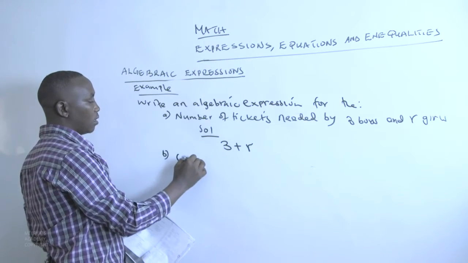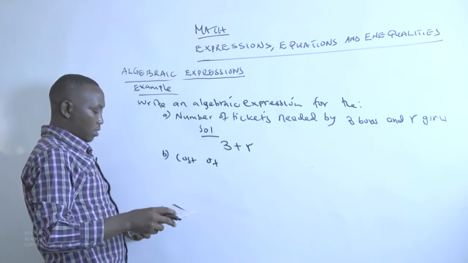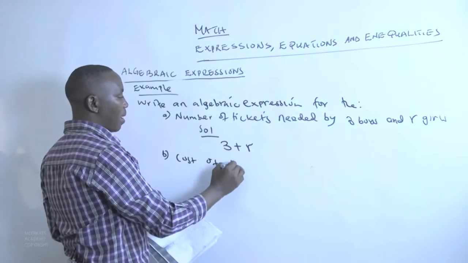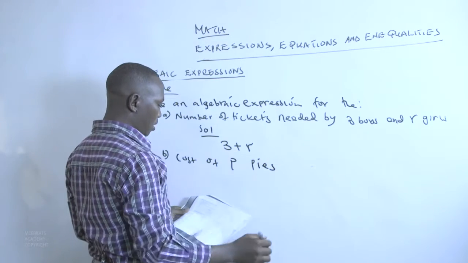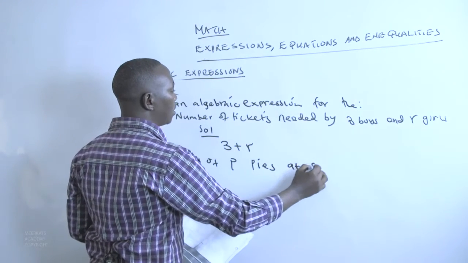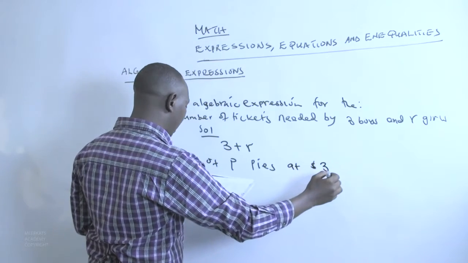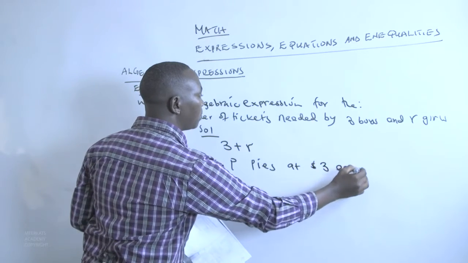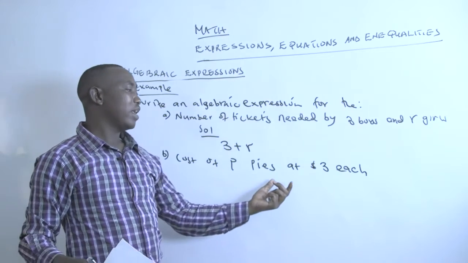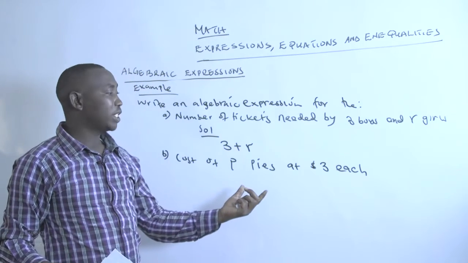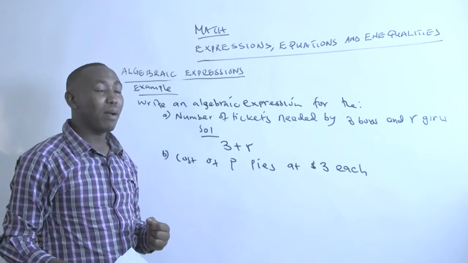Cost of pea pies at $3 each. We are having pies which are costing 3 shillings per pie.